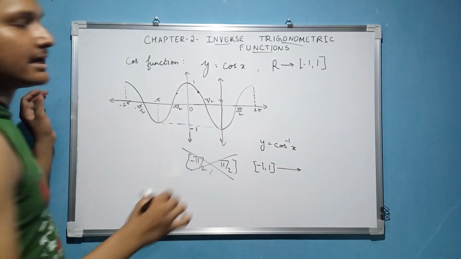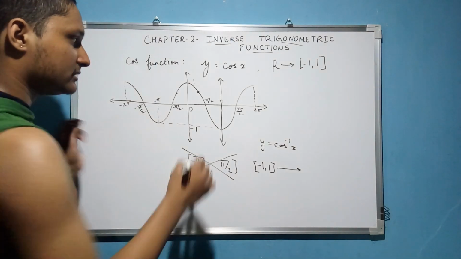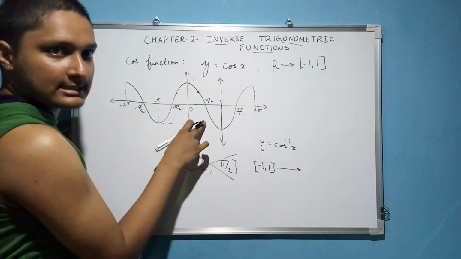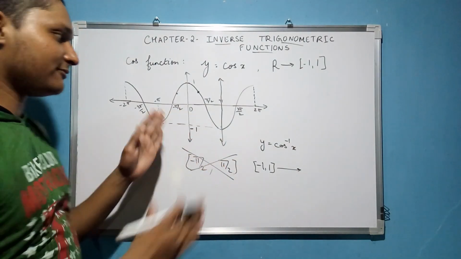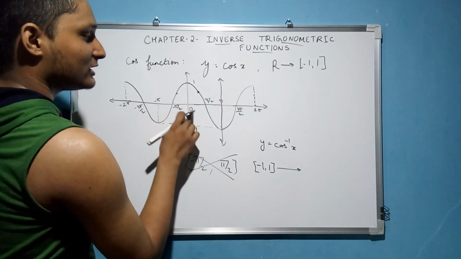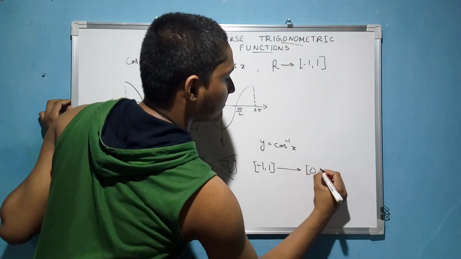From this you can understand that it covers all the values of cos x, both the positive as well as the negative values. As conventionally we always think positive, we take the positive part, so it comes to be 0 to pi.